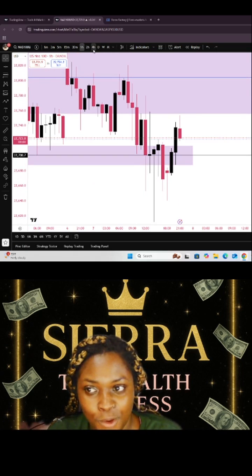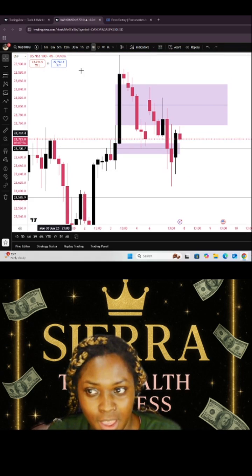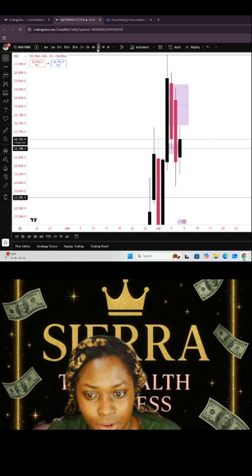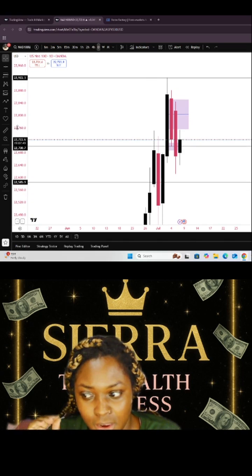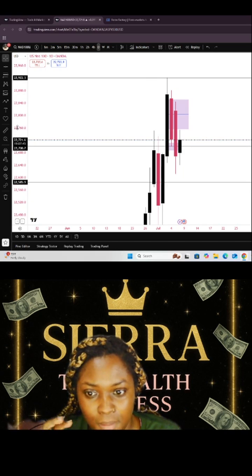Okay, 4 hourly candles make up my 4 hour candle, and then four 4 hour candles make up my daily candle. And then five daily candles make up my weekly candle, and four weekly candles make up my monthly candle. Okay.